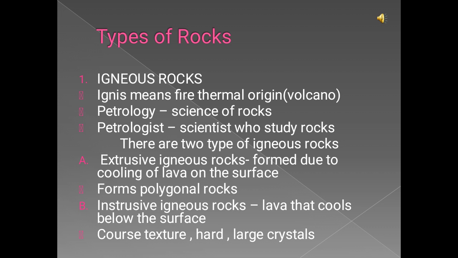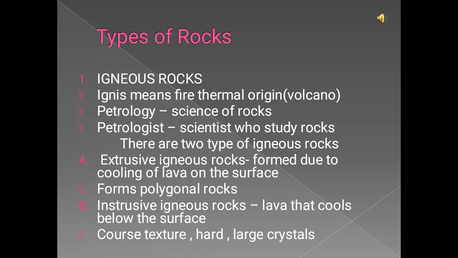Now, when we talk about the intrusive igneous rock, it is when the rising magma during volcanic activity is not able to reach the surface of the earth. It remains underground, solidifies below the surface of the earth, and the rocks thus formed are called the intrusive igneous rock. The rate of cooling is slow inside the earth.